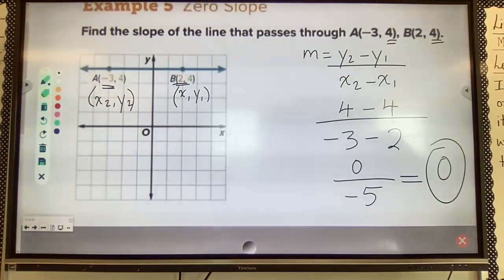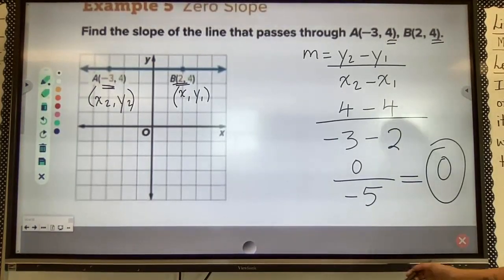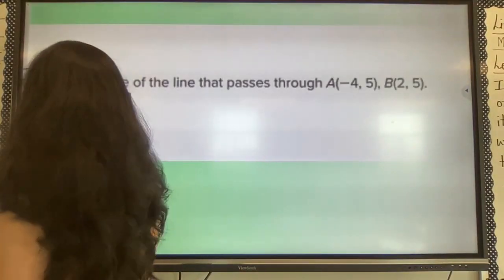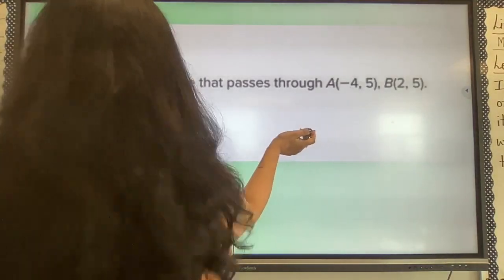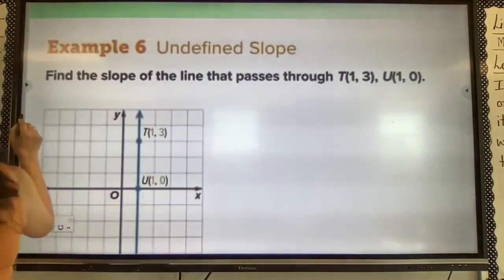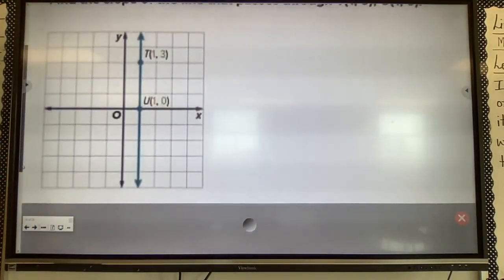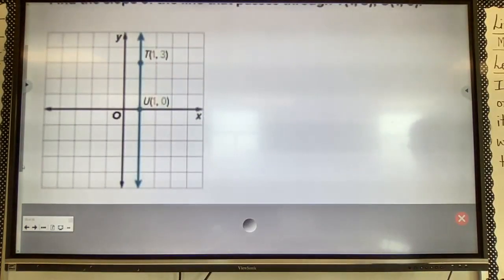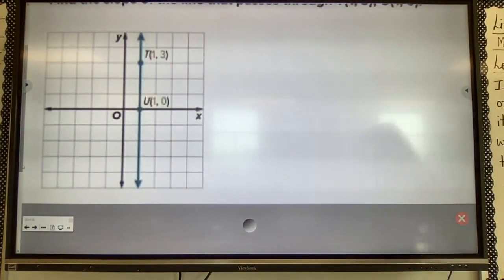All right. Now, let's talk about a line with an undefined slope, where my line is going to be vertical. So if I look at this one, you have to find the slope of the line passing through these points.